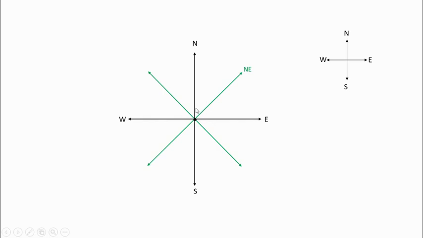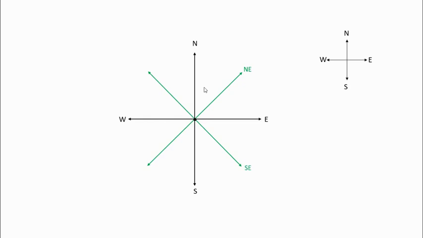It means then, because we know the angle between north and east is 90 degrees, that if a vector is pointing northeast, then it must be 45 degrees north of east, or 45 degrees east of north. It's exactly halfway between north and east. So if this angle here is not 45 degrees, you cannot call this direction northeast. If it's even off by 1 degree, it is not northeast.